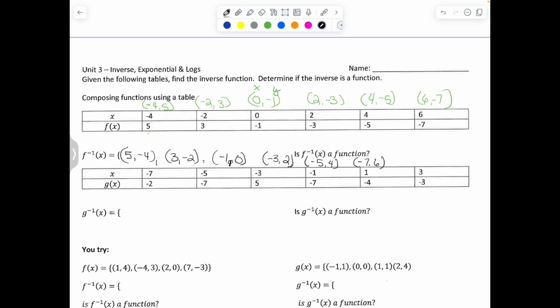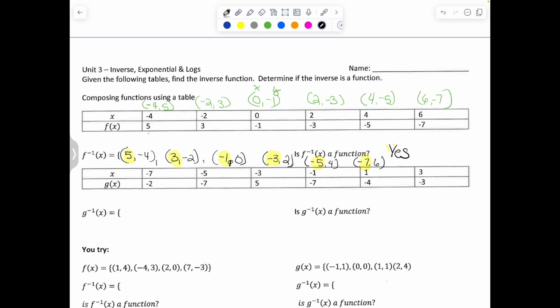Now we want to know, is the inverse a function itself? If you recall from Math 1, if x repeats, then it is not a function. We don't see any repeating x values in the inverse, so the inverse of this function is a function.